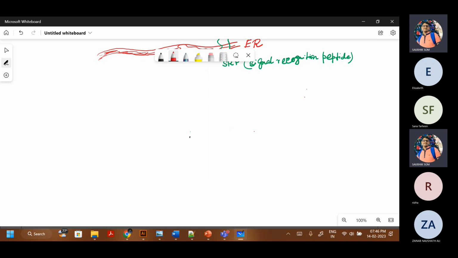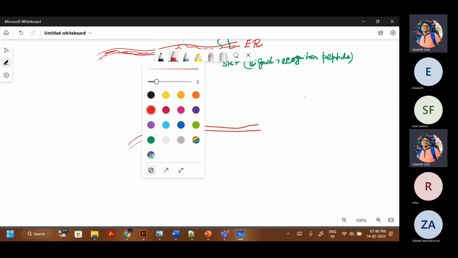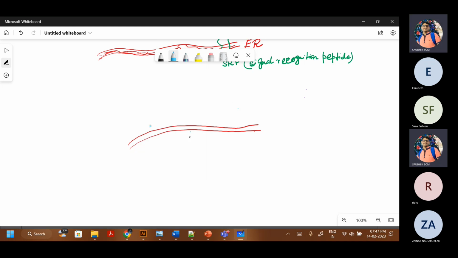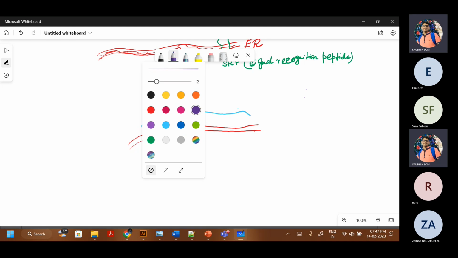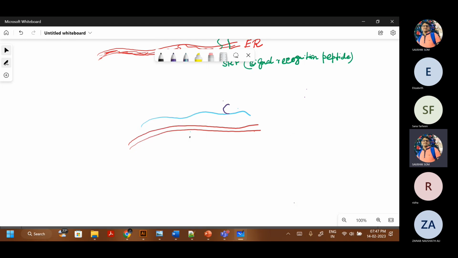If I just draw the membrane here, and this is the mRNA and these are my ribosomes, SRP will take the whole thing here.